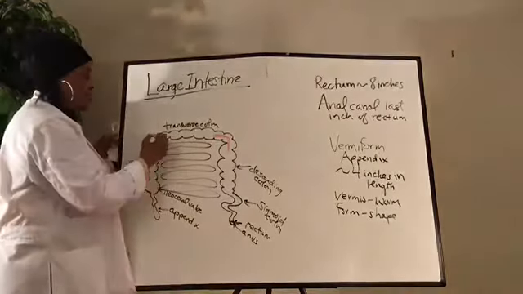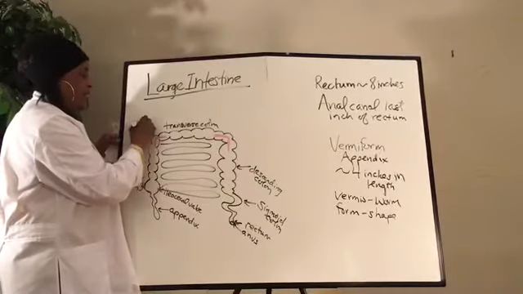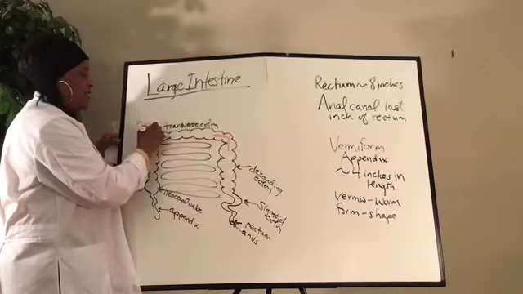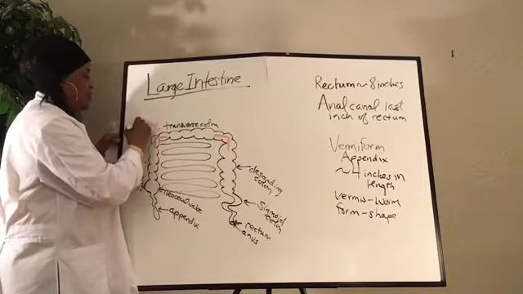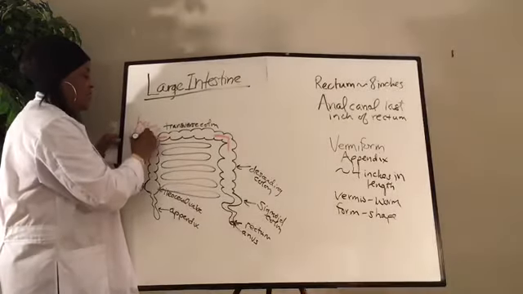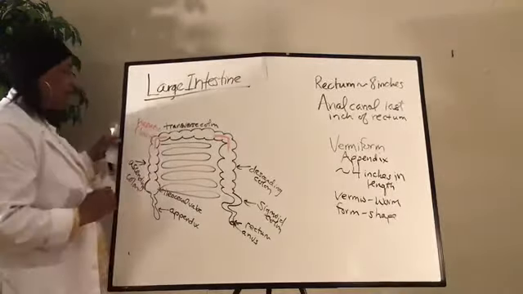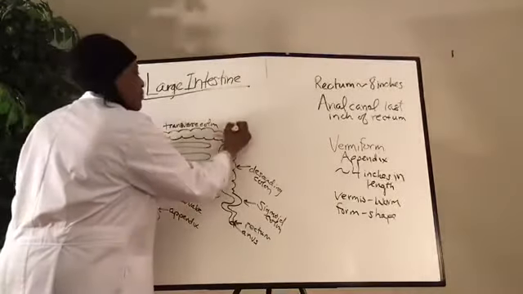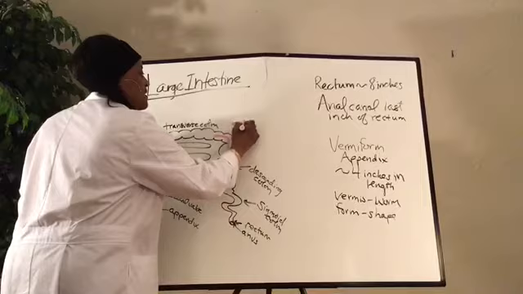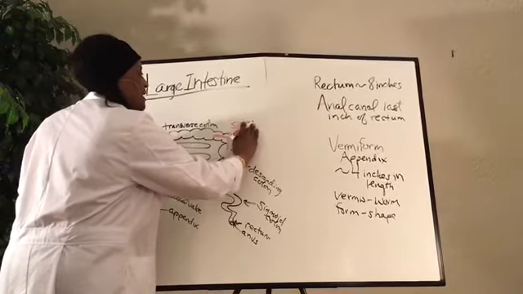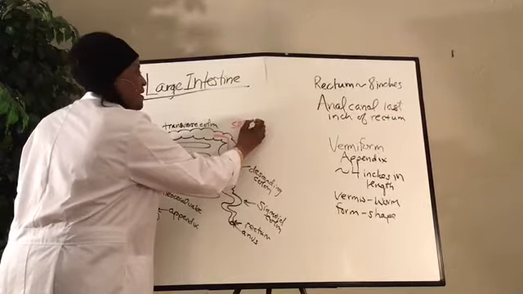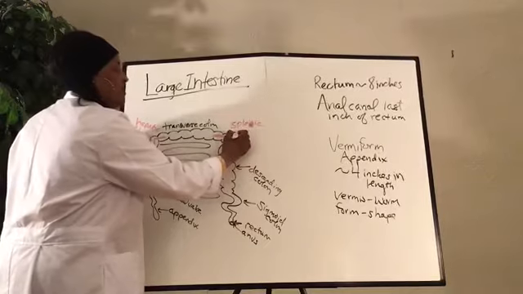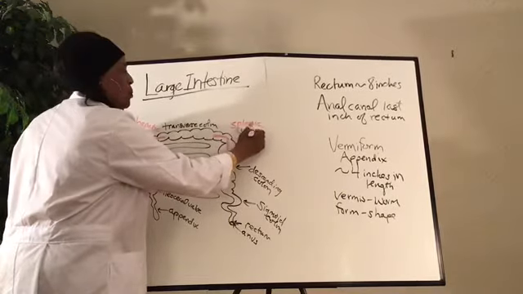This flexure here on the right side would be the hepatic flexure, for the liver, which means a bend. Right? This one on this side on the left would be where the spleen is. So that's the splenic flexure.